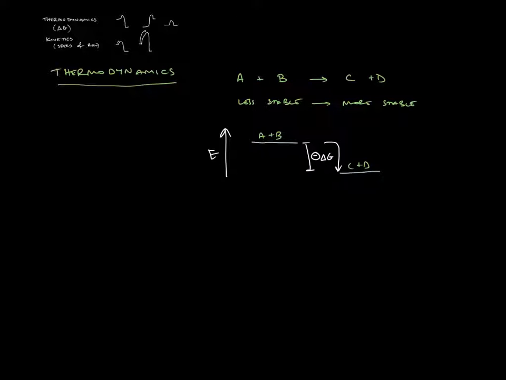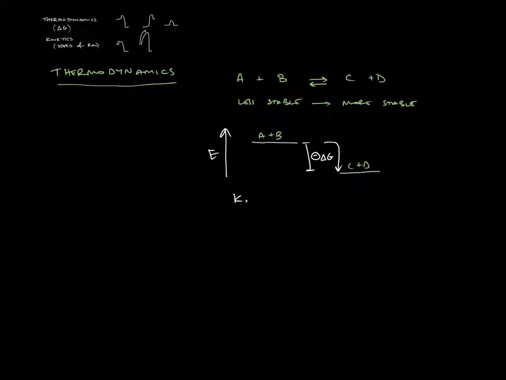All right, so another thing that we can consider with this is that reactions don't just go in one direction. They usually go in both directions at the same time. And so where we'll end up with more things is the more stable condition, but we'll always still end up with some of the less stable. And the way that we quantify this is based on the equilibrium constant, or the KEQ.